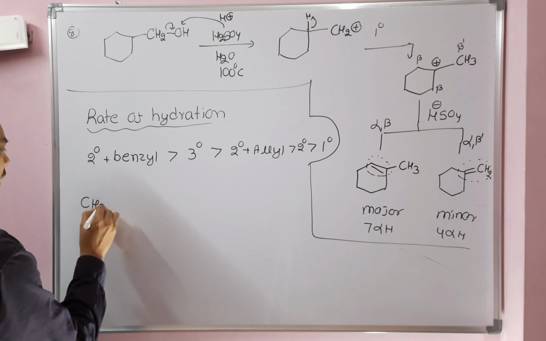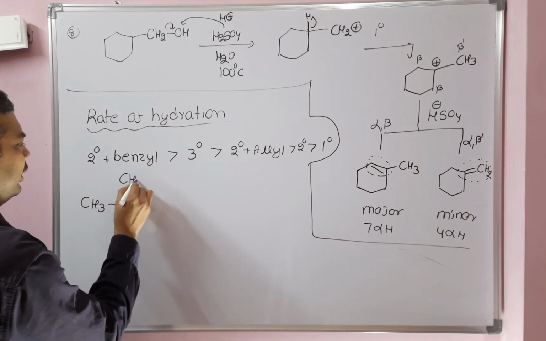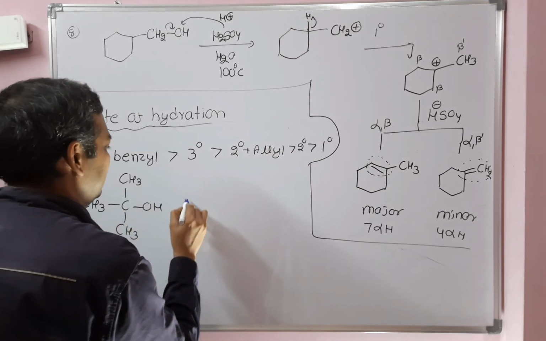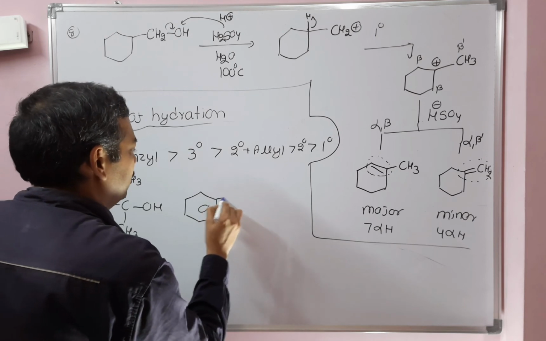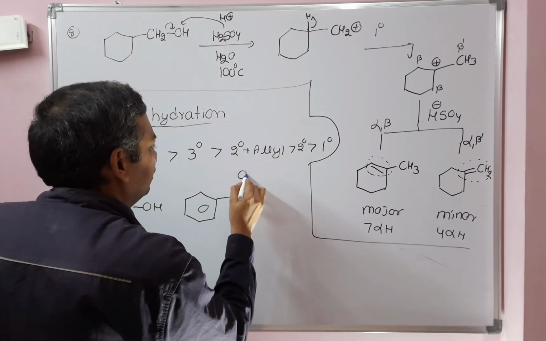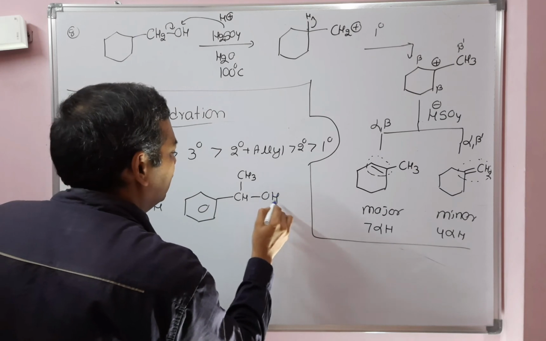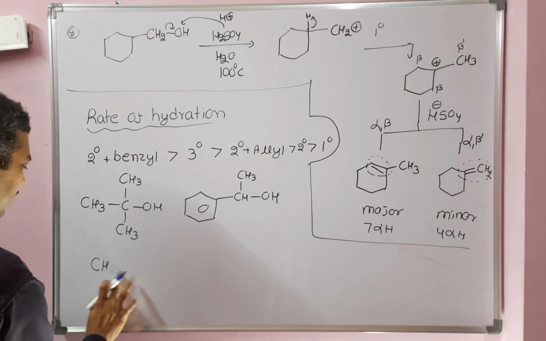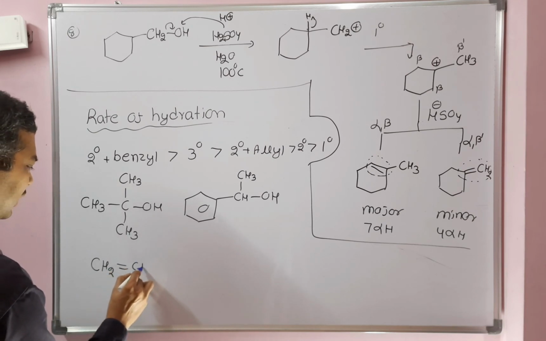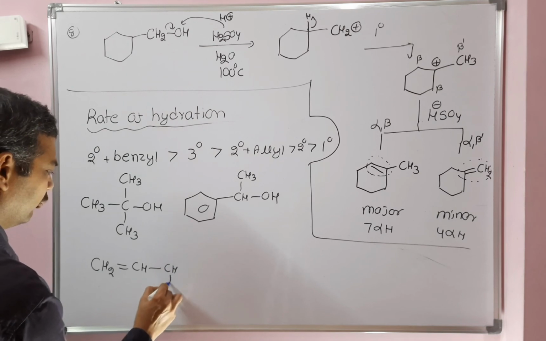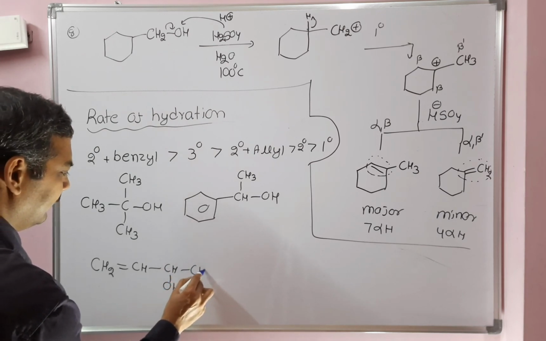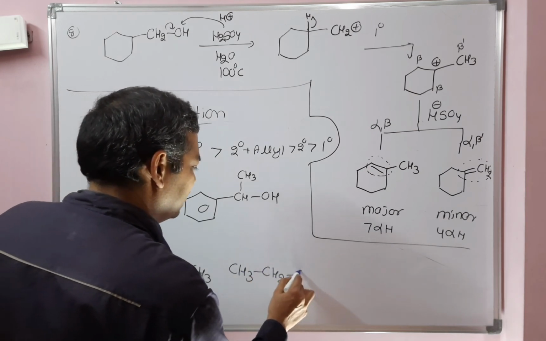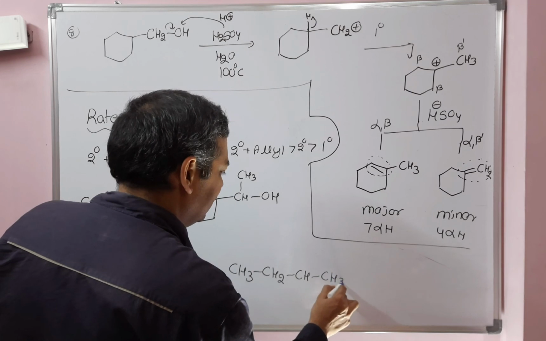So tertiary butyl alcohol, and benzyl, CH3 benzyl alcohol, substituted benzyl alcohol with CH3. Then we will take an allyl group, CH2 double bond CH, OH, CH3, and then simple CH3, CH2, CH3, OH.